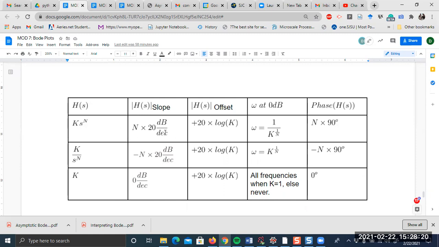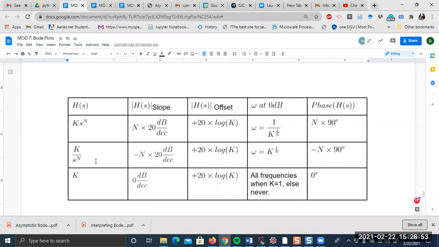It just changes the slope. So if we had K times S squared, it would be 40 dB per decade, right? Then you have the offset. The phase would be 2 times 90. What omega would cause it to be 0 dB, right? You just solve for it, okay?